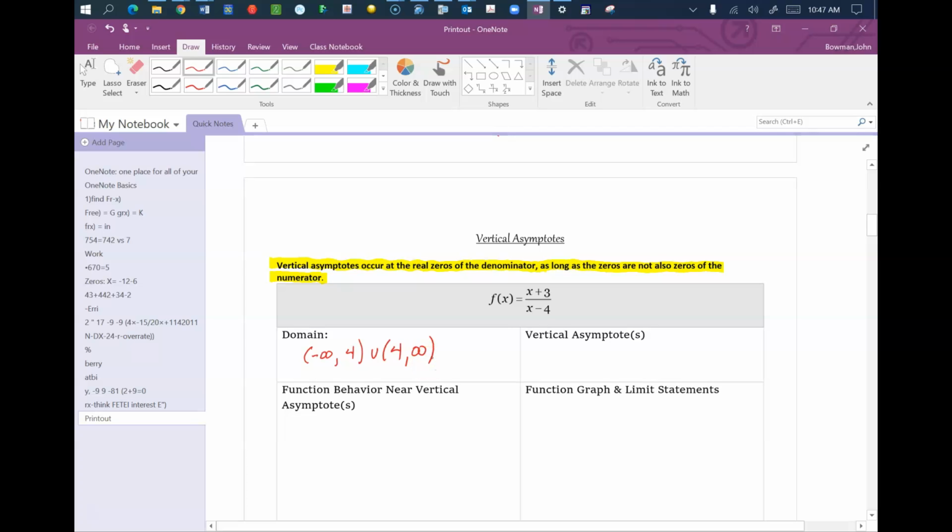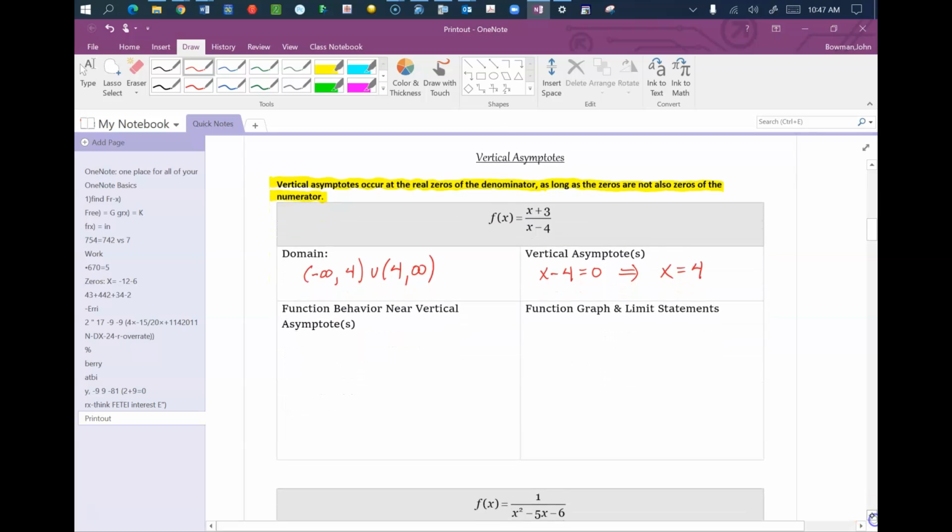So we have a vertical asymptote at x equal 4, or where x minus 4 is equal to 0, which translates to x is equal to 4. That is a value of x that is a real 0 of the denominator that is not also a real 0 of the numerator.